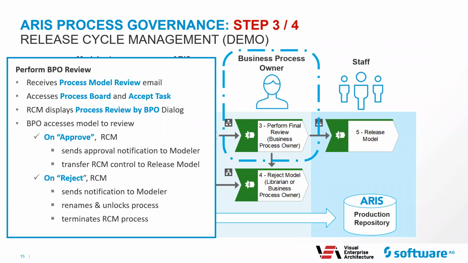So on approval, a process notification is sent to the modeler, and RCM transfers control to the release model process, which we'll cover in a second. On reject, RCM sends a notification to the modeler, renames and unlocks the process, and then terminates the RCM process.